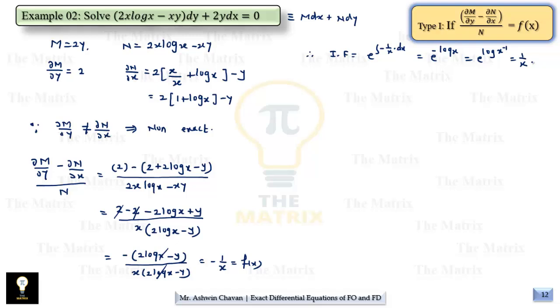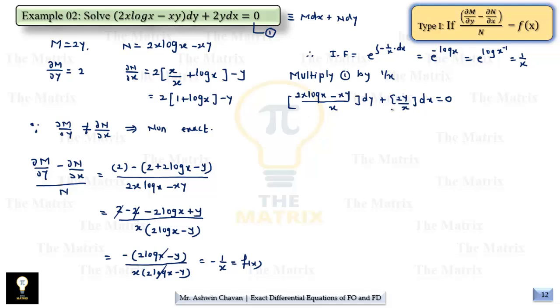So if we multiply the given differential equation 1 by this integrating factor 1/x, the resultant differential equation is now exact. So multiplying by 1/x, we get (2x log x - xy)/x dy + (2y/x) dx = 0. We'll simplify now.